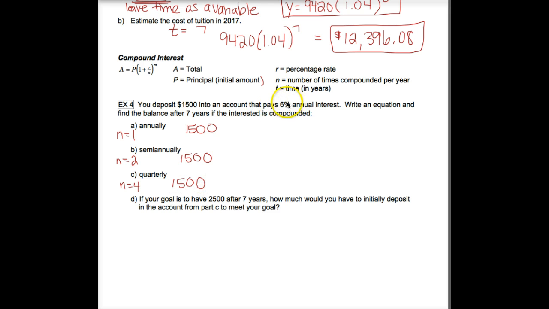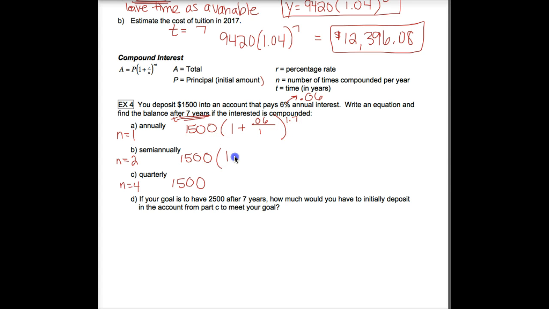Then the interest, 6% as a decimal, is 0.06. So I've got 1 plus 0.06 divided by N, so in this case N is 1, to the N times T. T is 7 years. So NT in this case is 1 times 7.